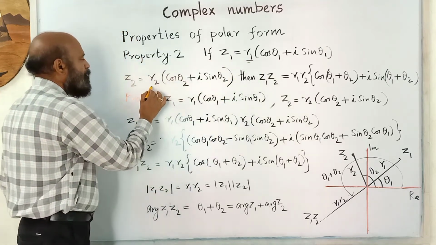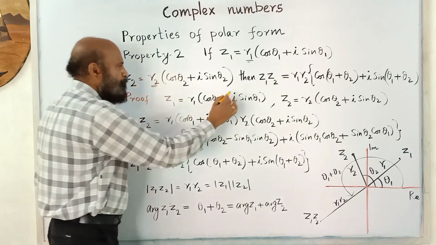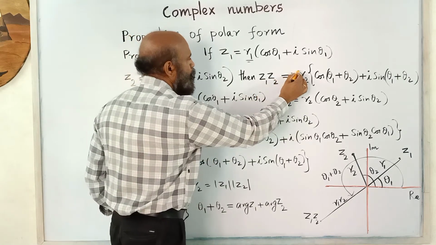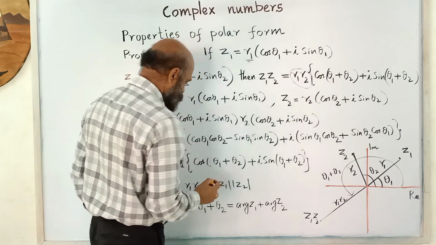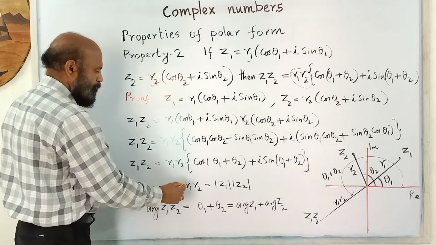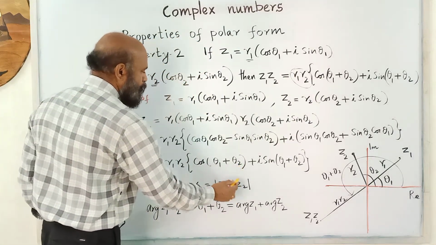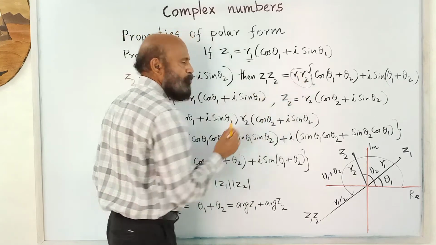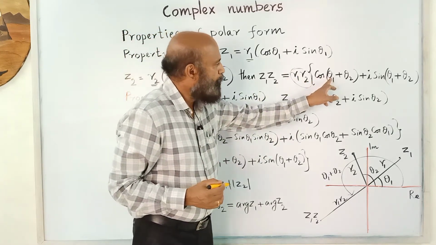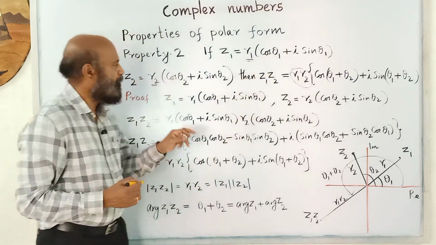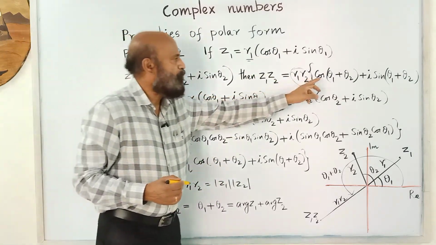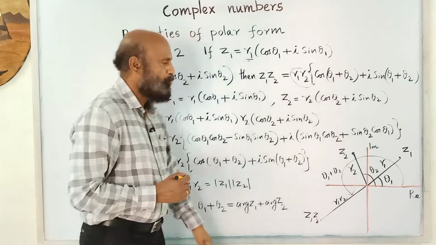Modulus of the second complex number is r2. After multiplying, the moduli will be multiplied. So modulus of z1 into z2 is modulus of z1 into modulus of z2. You can see r1 into r2. Then the arguments will get added: theta 1 plus theta 2.